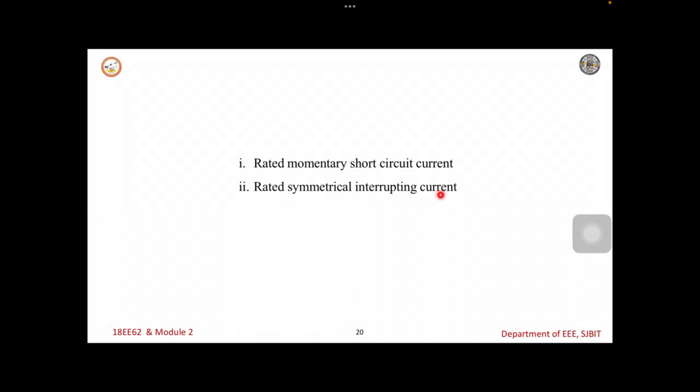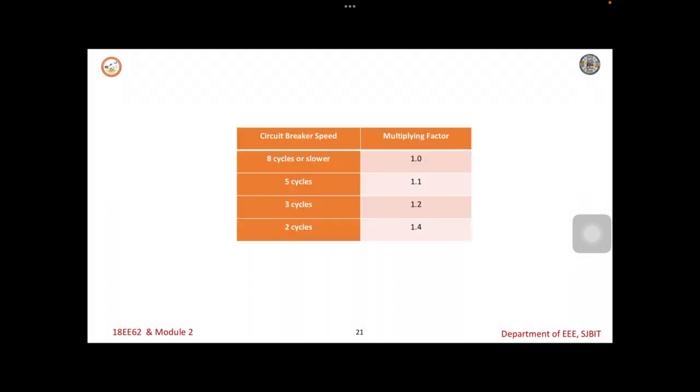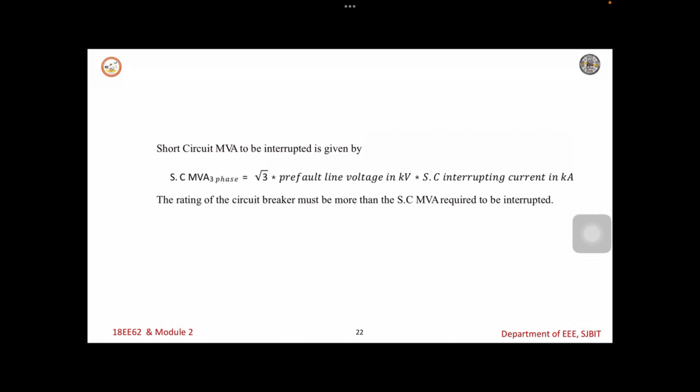The symmetrical current to be interrupted is computed by using the subtransient reactances for synchronous generators and transient reactances for synchronous motors. The DC offset current is accounted for by multiplying the symmetrical short circuit current by the factor tabulated here.